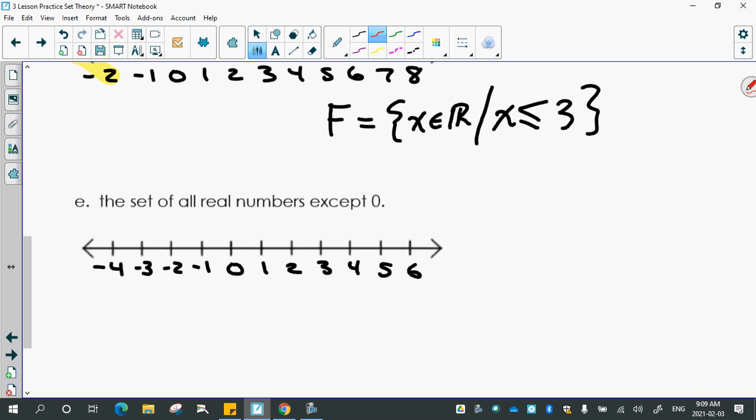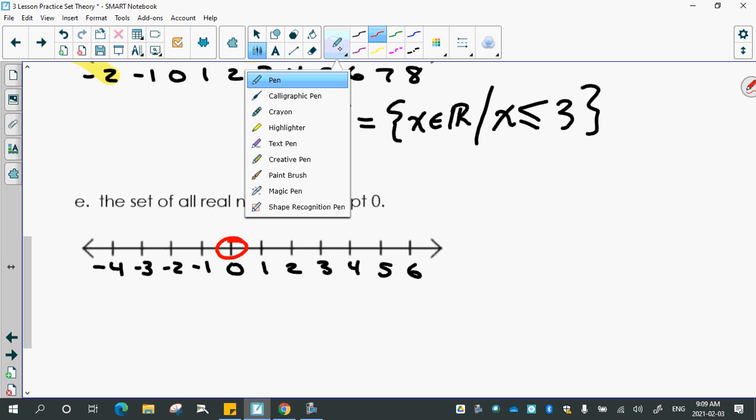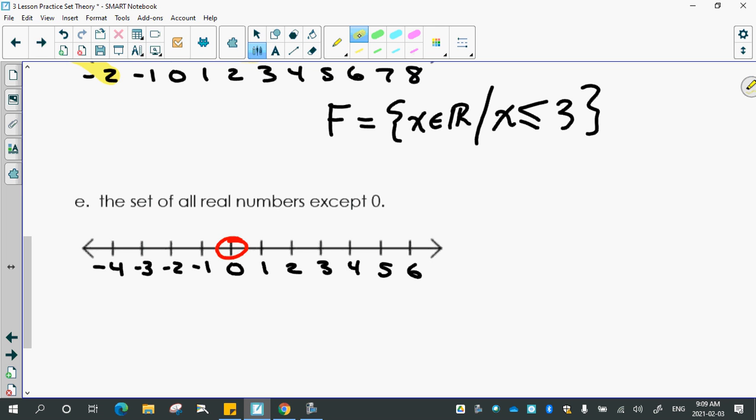No. So we're going to have an open circle around 0. But every other number is in the set. Do you agree? Every real number except 0. So that means all of these are in the set, and all of these are in the set. So that's what it looks like.